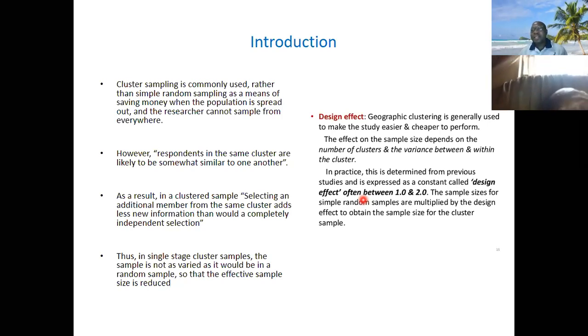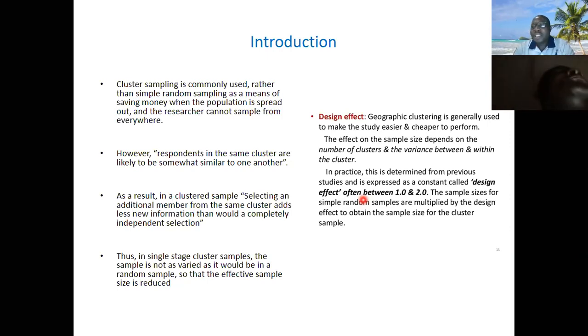In that case, there is a correlation. We call it intra-class correlation. Let's go on. You get to understand the reason clustering actually affects the effectiveness of the estimate, the parameter you are trying to estimate.